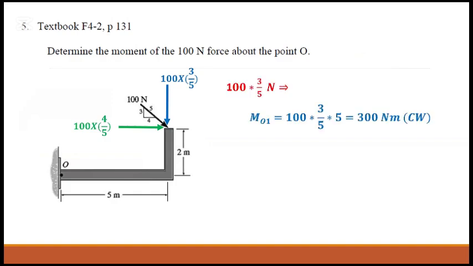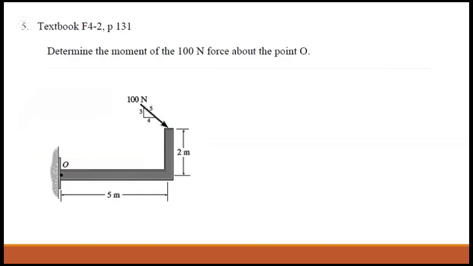Are you okay with when the angle is not given, to divide it into two forces? Yeah, just using the 3-4-5 rule. Yes, so 3/5 here because this one is 3, this one is 100 times 4/5. And the other thing you need to remember is don't divide it like this, divide it where it is touching the object.